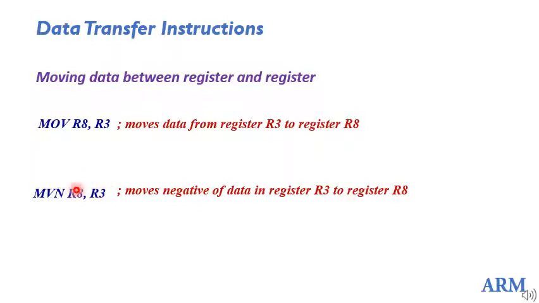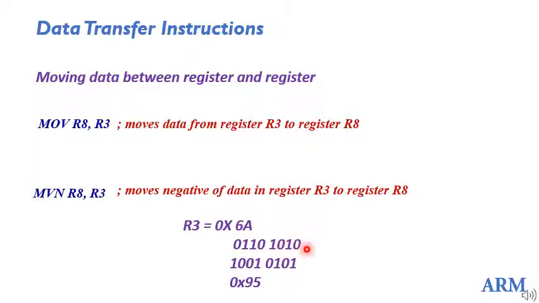For example, if R3 was holding 0x6A, it can be written in binary as 0110 1010, right? 6 is 0110 and A is 1010. The MVN instruction finds the bitwise NOT of the data in the source.